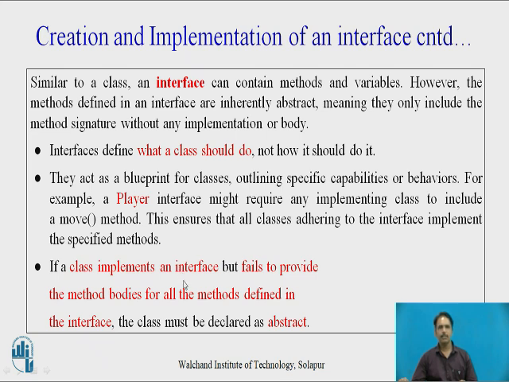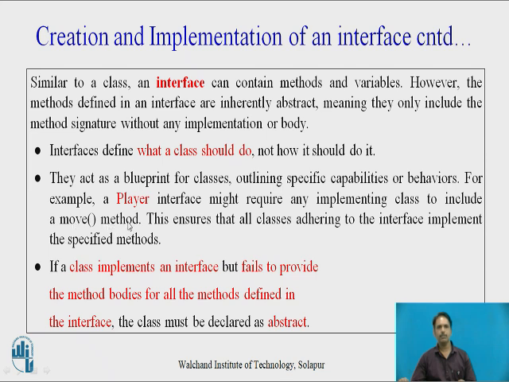If a class implements an interface and fails to provide the method bodies for all the methods defined in the interface, then that class must also be declared as abstract. What exactly it means is, suppose there is a player interface and there is some class which is going to implement this player interface. The implementing class must provide an implementation of the move method as per this example.